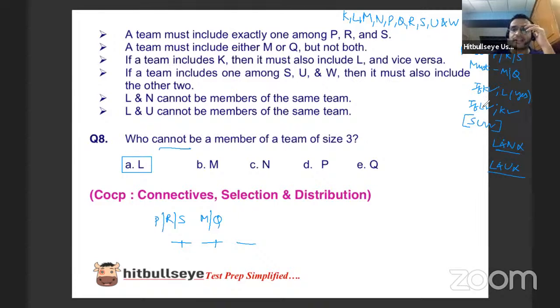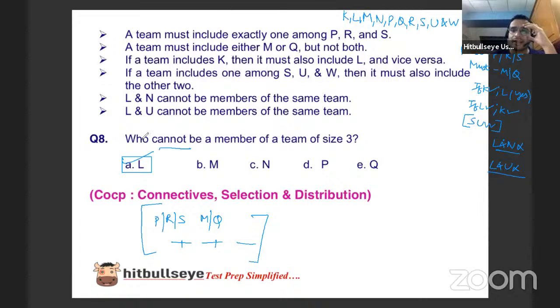Because if L is there, K has to be there, and it will not remain a size of 3, and we are having restrictions for 3 of the individuals to come. Hence my answer is A. It cannot be a member of a team of size 3.